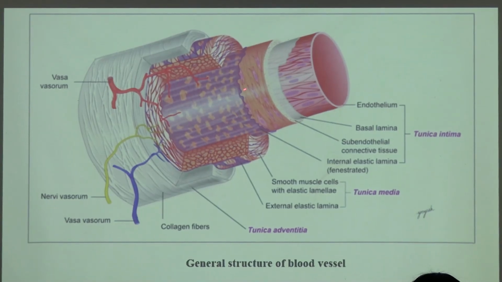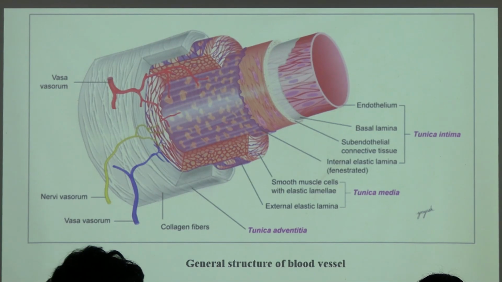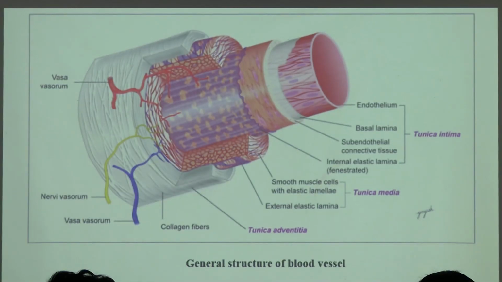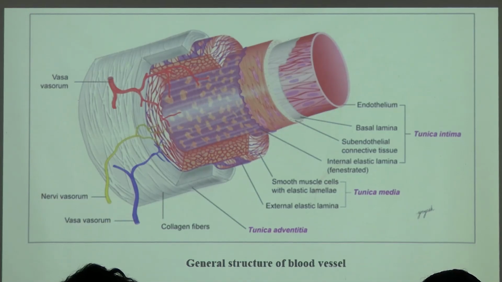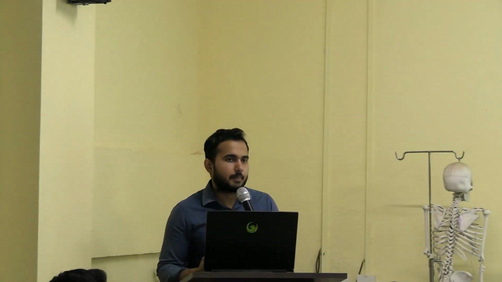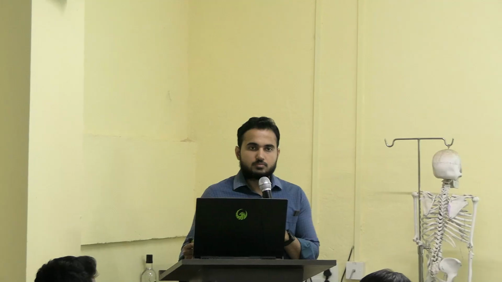Now, in case of tunica intima, first you can see the lumen of any blood vessel. It is lined by endothelium. Now, what is this endothelium? It is nothing but simple squamous epithelium.